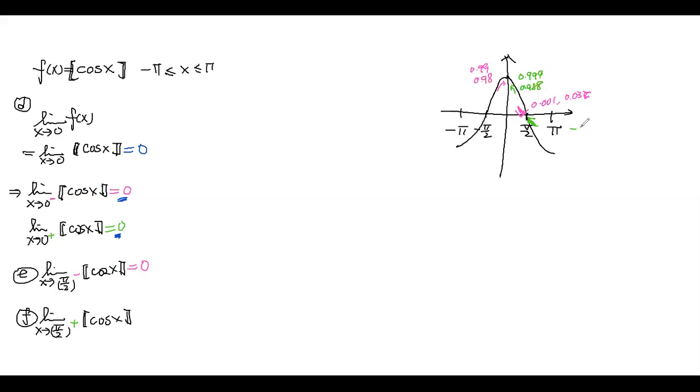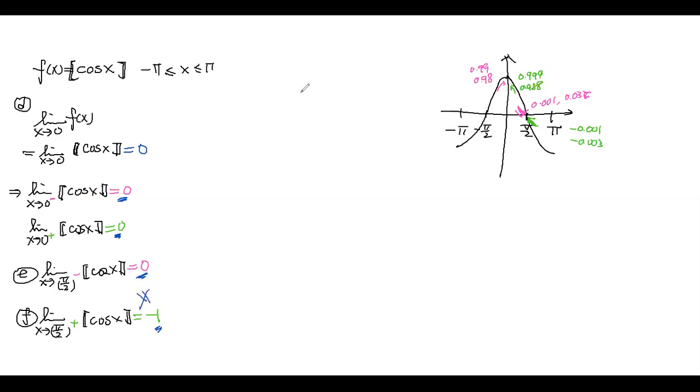So it will be negative 0.001, negative 0.003, something like that. So what is the greatest integer less than a small negative number? It's negative 1, right? Remember we said the negative is going downwards, right? So now here, are they equal? Unfortunately, they are not equal.